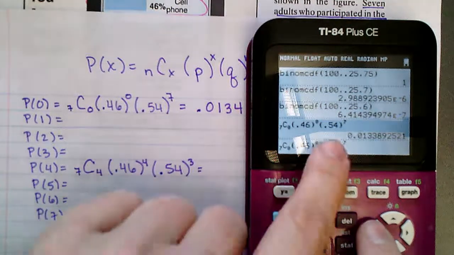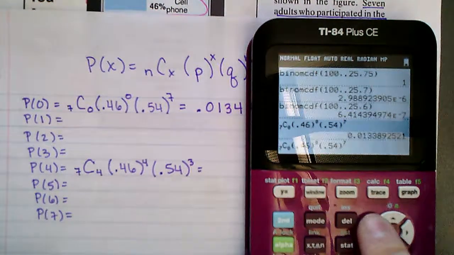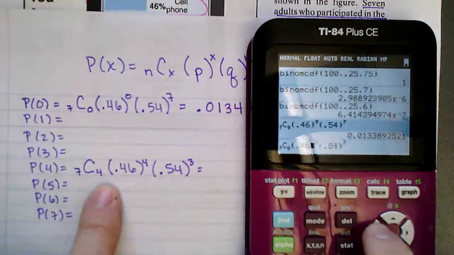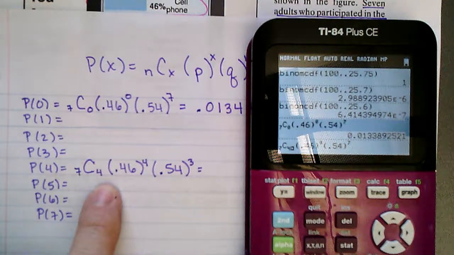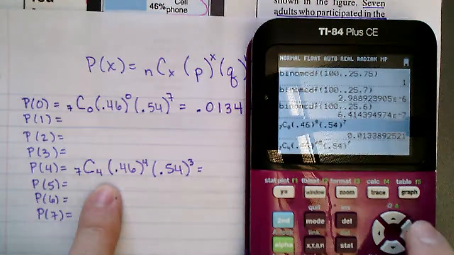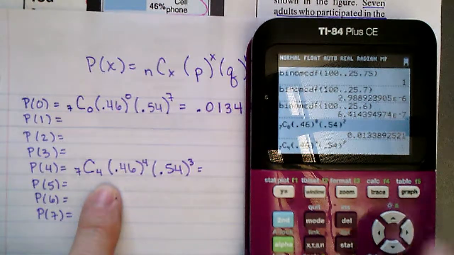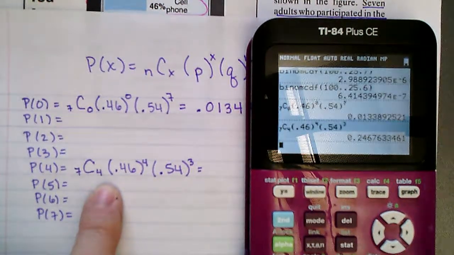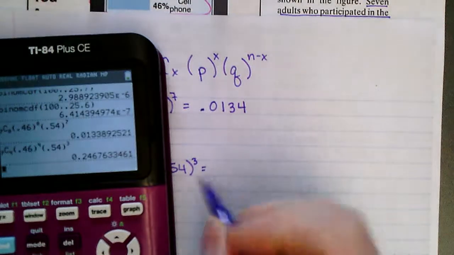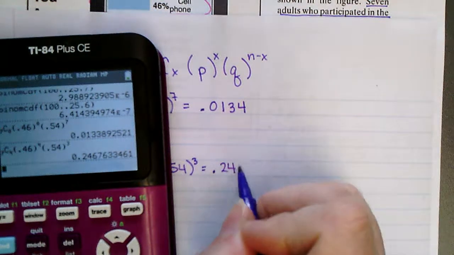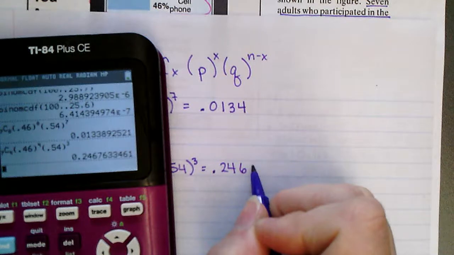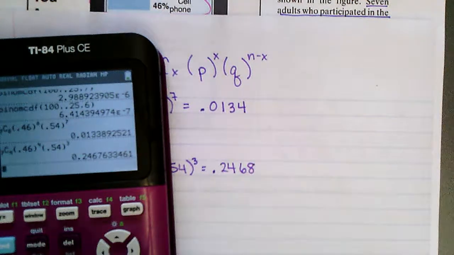So I can actually just do second entry and then go in and edit my values. So 7C4 and then 0.46 to the 4th and 0.54 to the 3rd. And that gives me 0.2468.